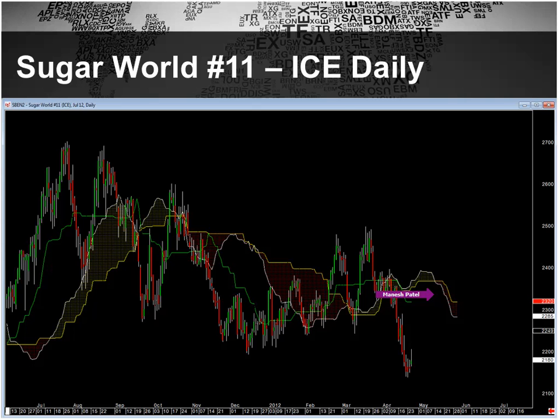The way I look at it is you can look at continuous contracts, of course. Looking at a chart with continuous contracts is the ideal thing to do. If you need to look at the individual month and year contract, that's fine. But the key thing is scroll backwards and make sure you have enough history where the Ichimoku Clouds and the indicators have enough values in them to be drawn.